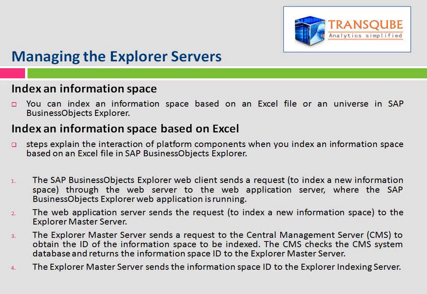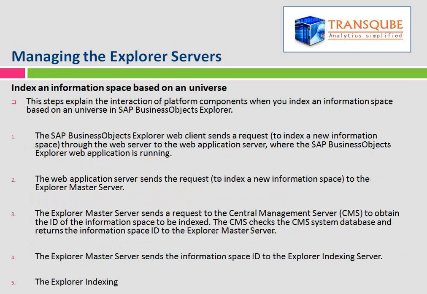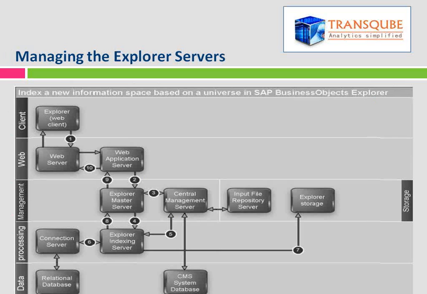Once you create an information space, which is going to be available on your home page, you can select this information space, right click and say index. Indexing in the background communicates back to the system. Take a look at this. It talks about the web server, web application server, master server, and looks for the CMS authentication on whether he can do this or not.